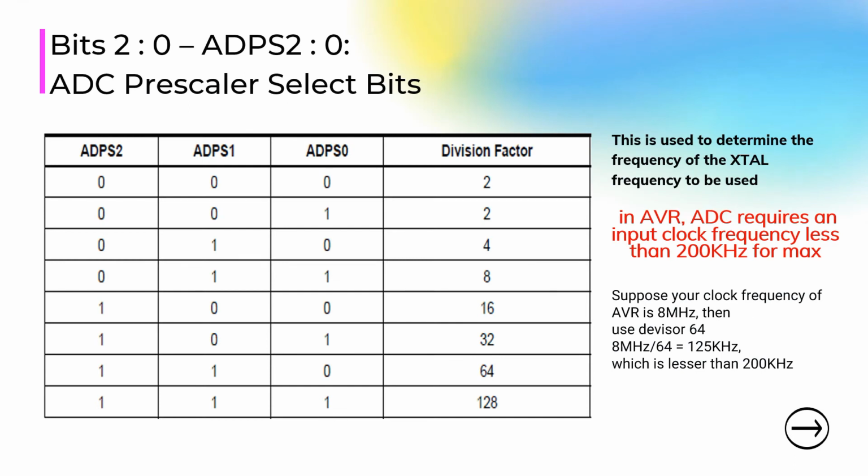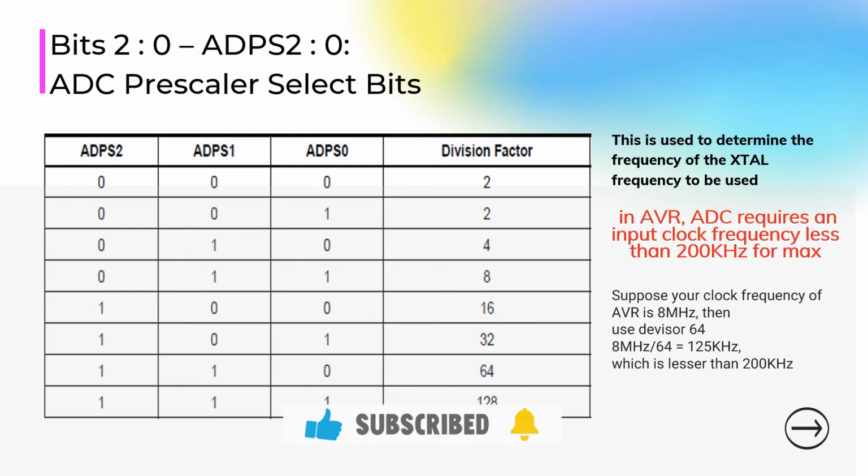And also ADPS, which are the prescaler bits of the ADC. The ADC prescaler is basically used to regulate the frequency, the crystal frequency of the microcontroller, as per the ADC requirements. By this, we can determine the frequency to use in the conversions.